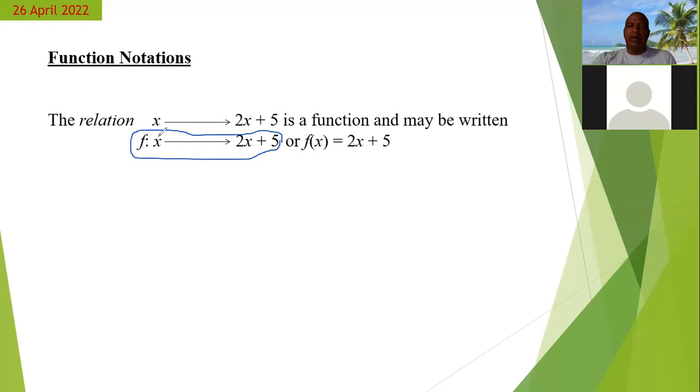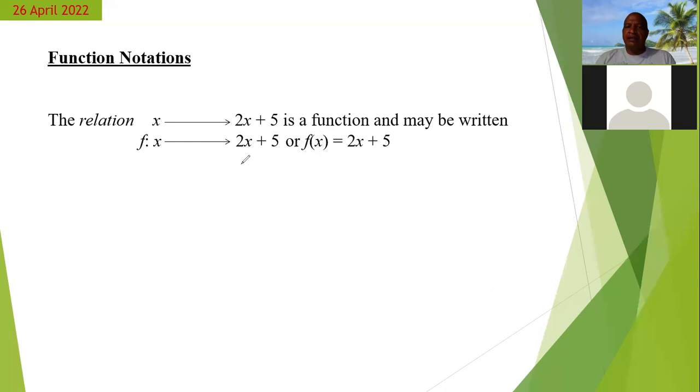Now, another way we can write a function, we can write f with open brackets and x, which is sometimes referred to as f of x. So f of x is equal to 2x plus 5. So these are the two ways that we generally denote functions. Or in other words, we write them in a symbolic form, right?